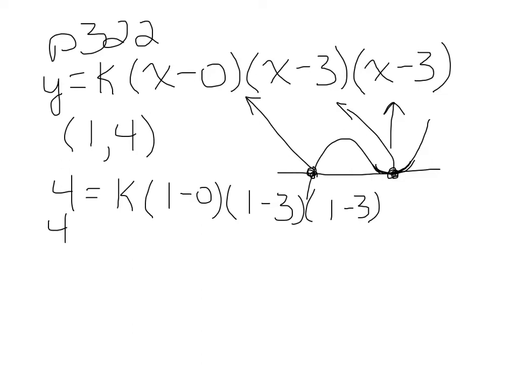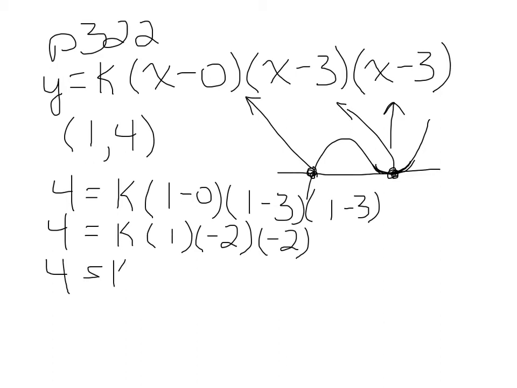So parentheses first, 1 minus 0, 1 minus 3 is a -2. Multiplication next, +4. And divide both sides by 4. K will be equal to 1.